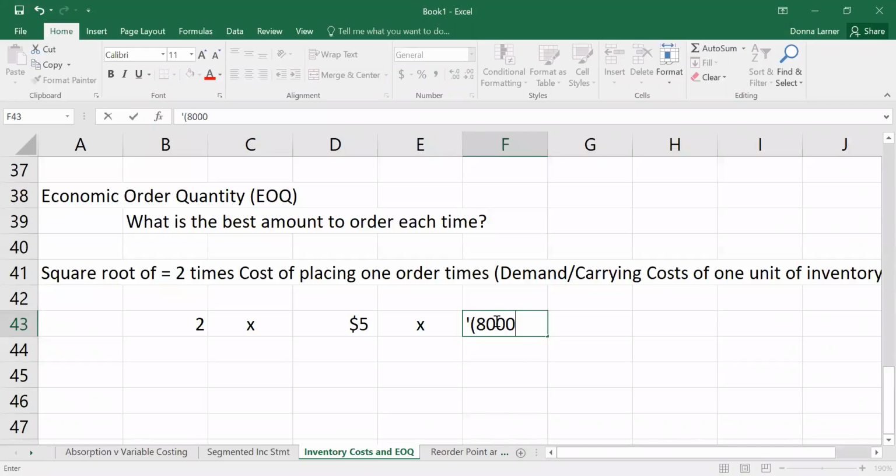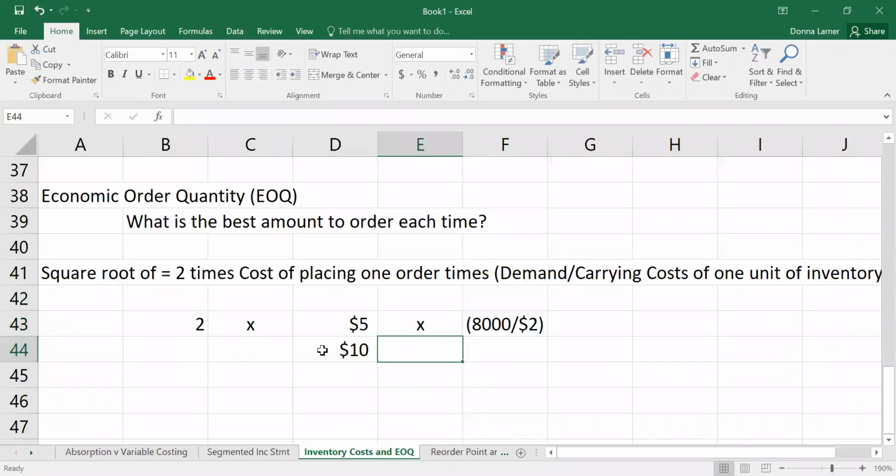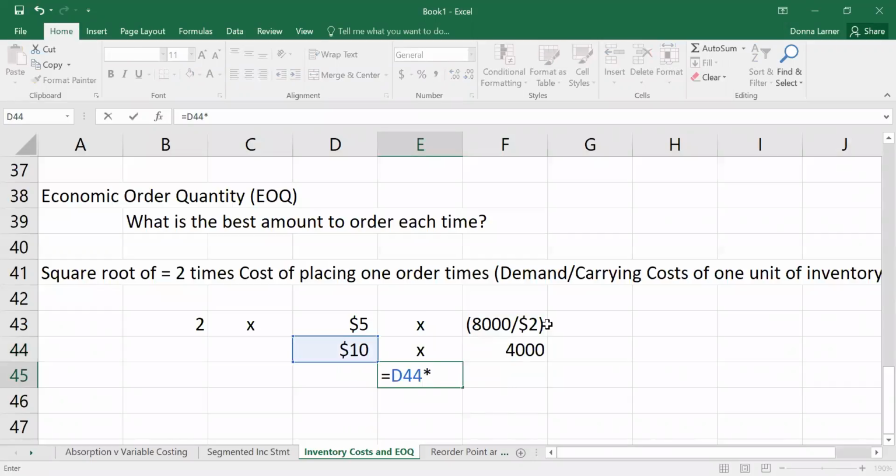So we need 8,000, that's our demand. And the carrying cost of one unit is $2. See how it breaks down to a much simpler problem? So 2 times 5 is $10. So now we're doing $10 times, and 8,000 divided by $2 is 4,000. So now we're coming down to $10 times 4,000. So our cost here is 40,000.